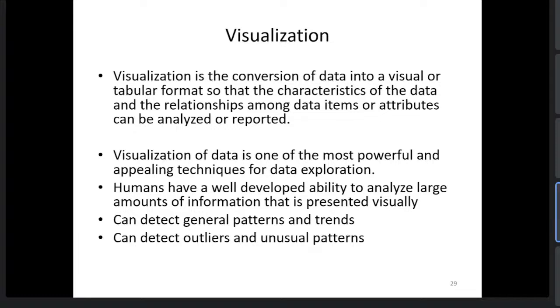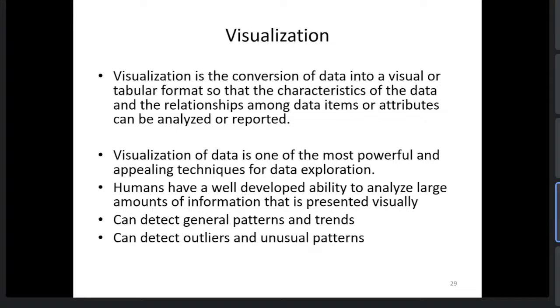So you know that for the visual of the data, we like to see the data. Either it may be in tabular format so that we can know the important properties or characteristics of the data, and also we can find some relationships like correlation of the data. So data visualization is the most powerful tool for data exploration.